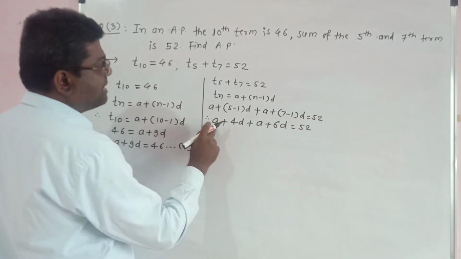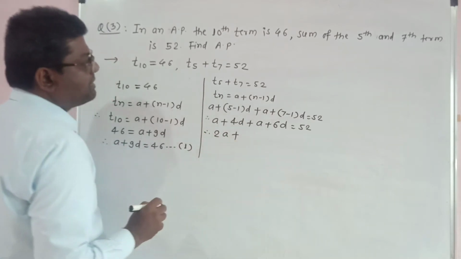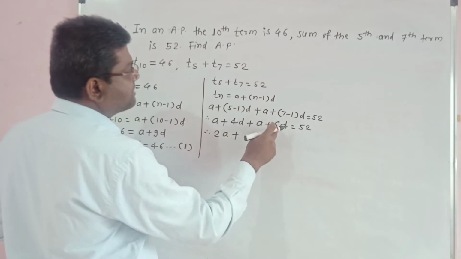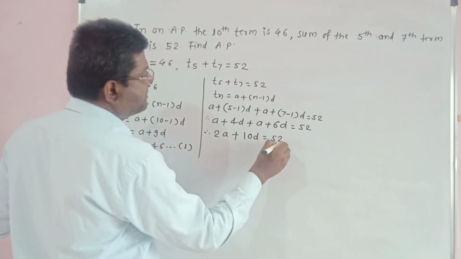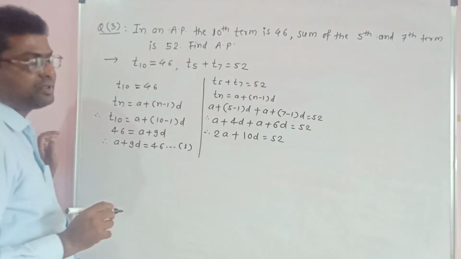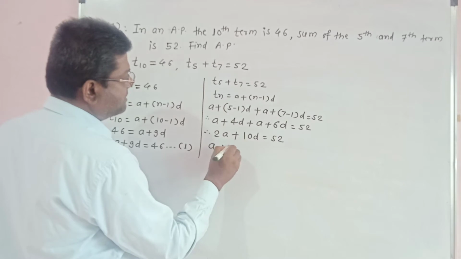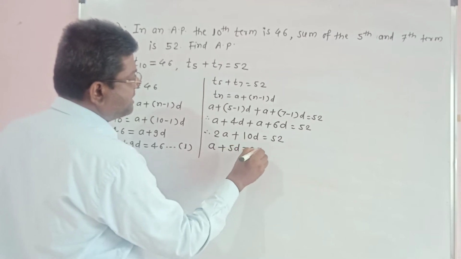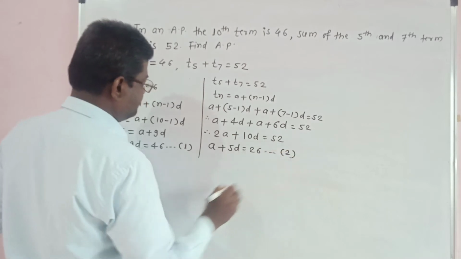Now a plus a will be 2a, plus 4d plus 6d will be 10d, is equal to 52. Now divide both sides by 2, that will be a plus 5d is equal to 26. This is equation number 2.